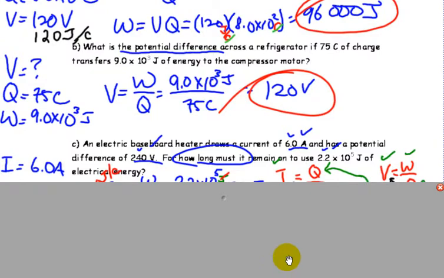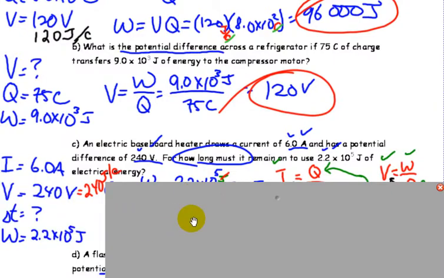Okay, this next one is going to use a few equations. As you can see, an electric baseboard heater draws a current of 6.0 amps. That is current. So the tough thing about this is just remembering what each of these units represent in terms of a variable. So current is in amps, 6.0, and has a potential difference of 240 volts.